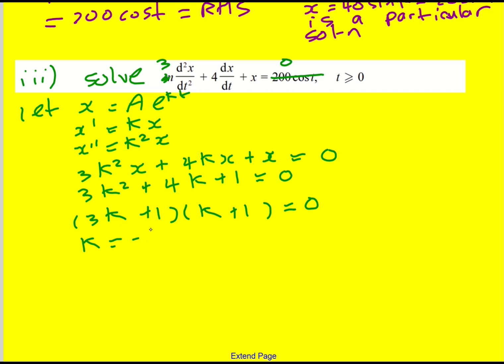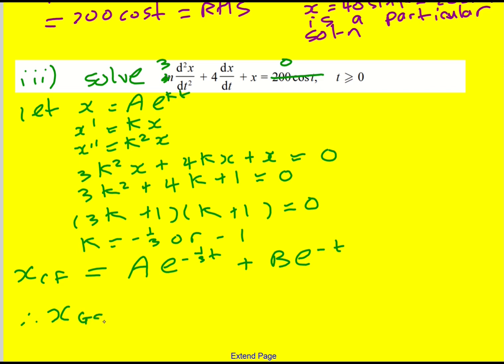So k equals minus a third or minus 1. And that means that x CF, that's our complementary function, is going to equal a e to the minus 1/3 t plus b e to the minus t. And then the general solution is the two added together.